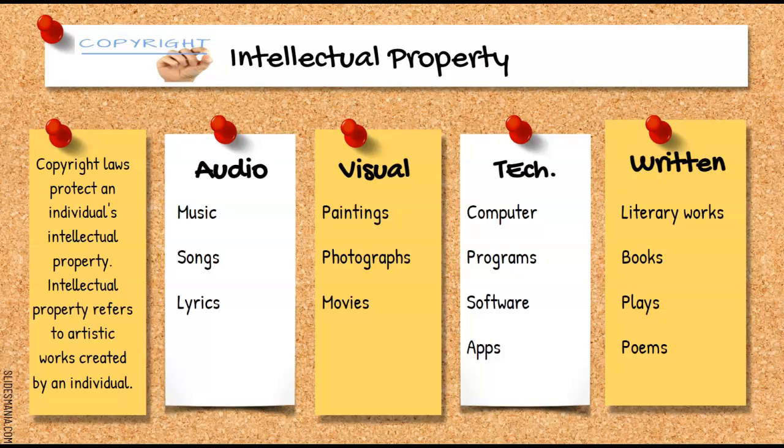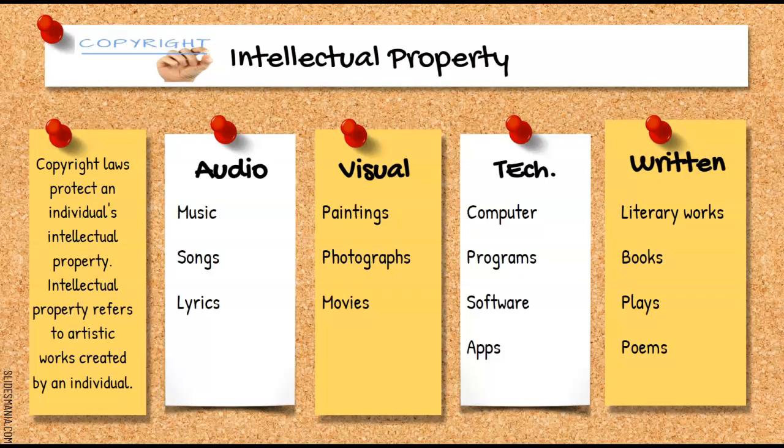There are many different categories and types of intellectual property. Here are just a few examples. We have audio creations such as music, songs, and lyrics. All those are considered intellectual property and are protected by copyright laws.